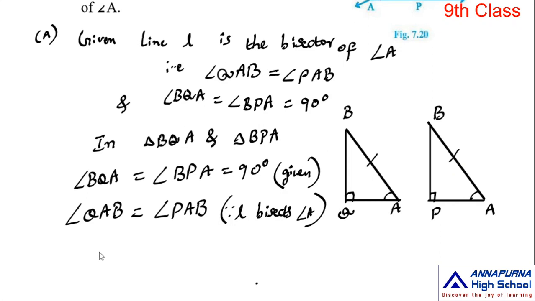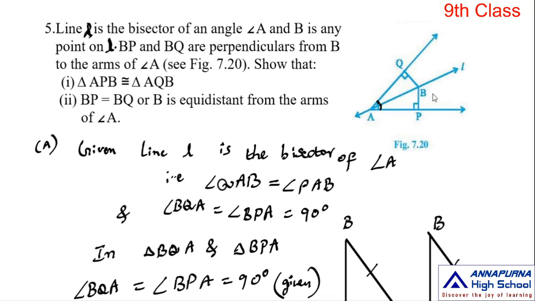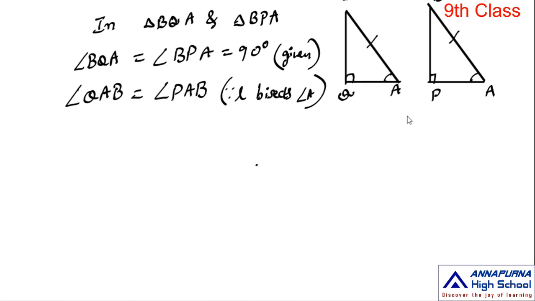AB is the common side of the triangles ABQ and ABP. AB is equal to AB, common side.